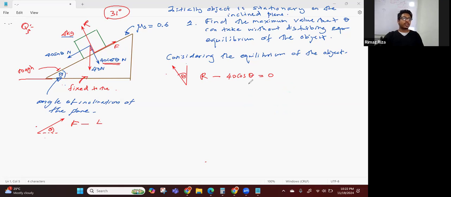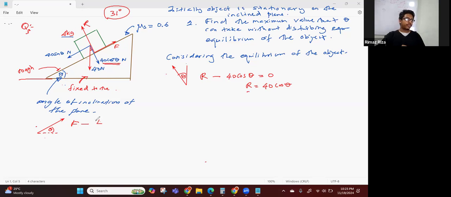So R equals 40 cos theta. Sorry, guys. Here, because the angle is theta, this is 40 cos theta. So if you take this to the other side, R equals 40 cos theta.